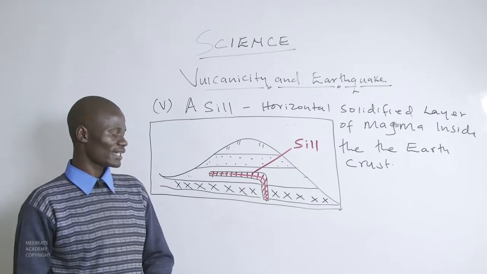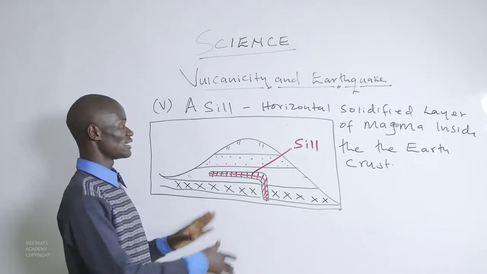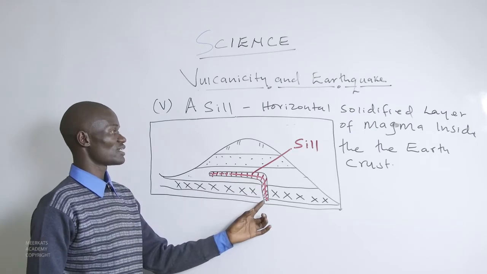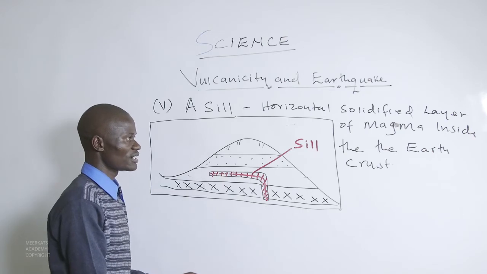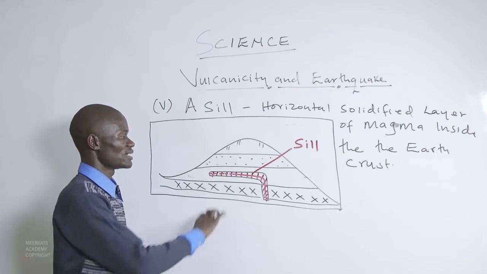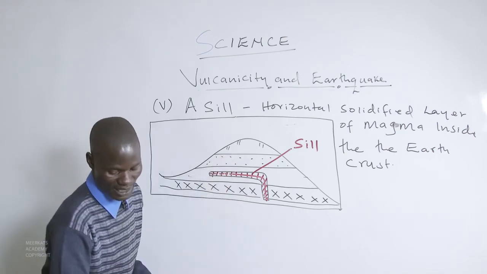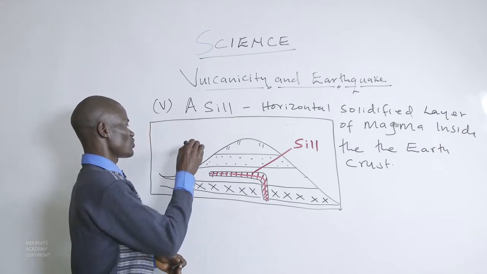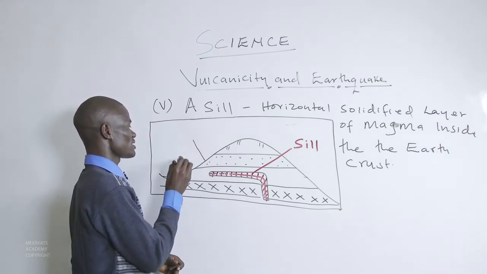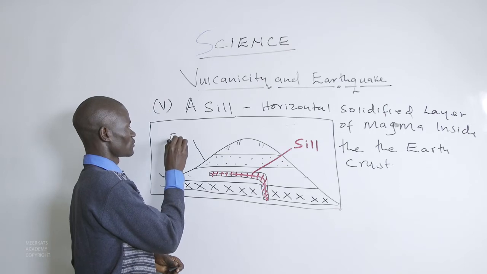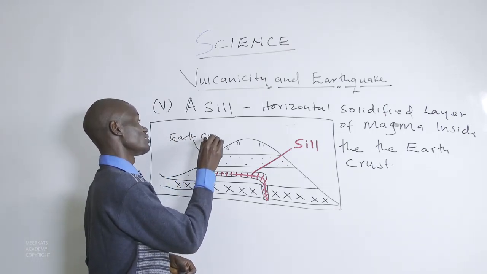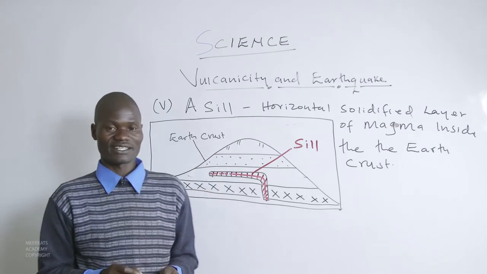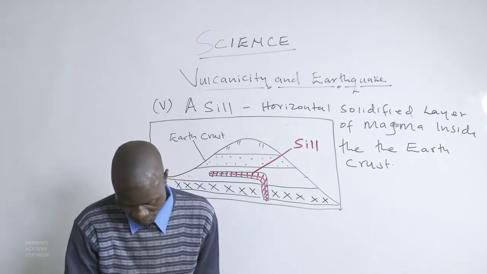This is how it looks, and in the process of the formation you'll find that this takes a horizontal solidified layer of magma that is found inside the earth crust. Remember, this one is the layers of the earth crust, or you can also call it the earth surface.